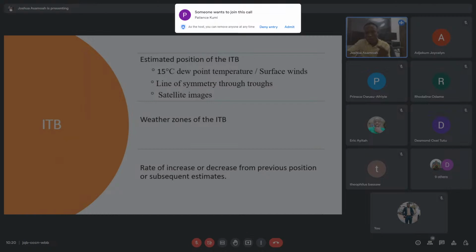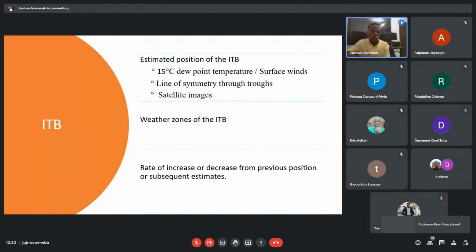If you're using the 15-degree viewpoint or the surface wind or even the trough to estimate your ITB, or even satellite images, you're not getting the actual position of the ITB.